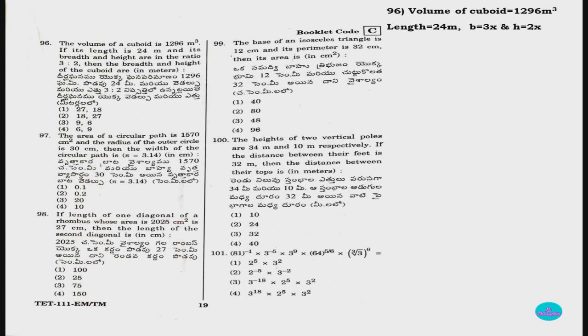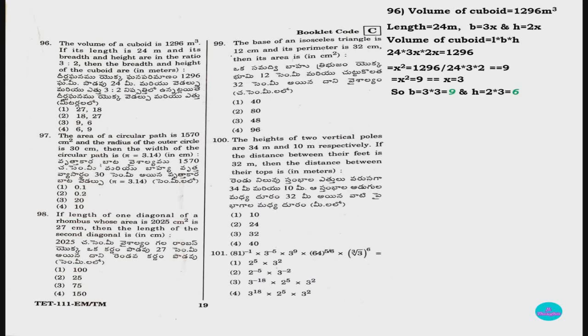So breadth we can take as 3x and height as 2x. Now we know the volume of the cuboid formula is length into breadth into height, L into B into H. So if we substitute in this, x we will get as 3. So b is equal to 3x, so substituting x as 3, we'll get 9, and h we will get as 6 because 2x. So the answer for this is option 3, 9, 6.